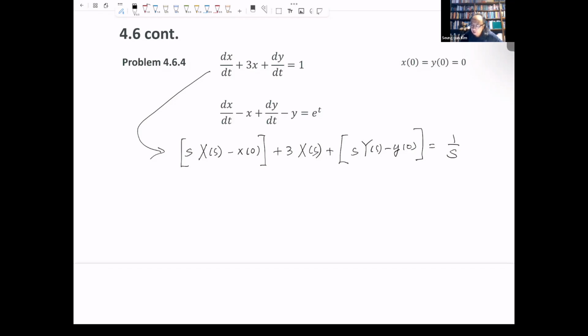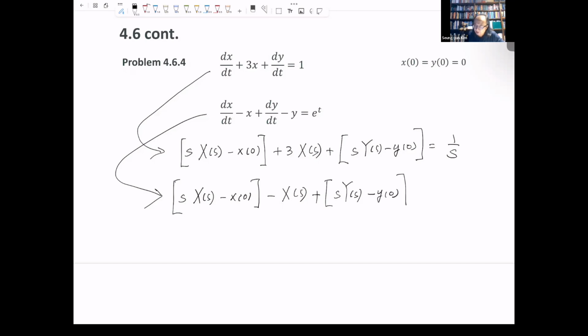And then the second equation, we have s X of s minus x of 0 for the dx over dt, minus X of s, plus s Y of s minus y of 0, that's the dy over dt, minus Y of s, equals e to the t. We take the Laplace transform of e to the t, that is 1 over s minus 1.